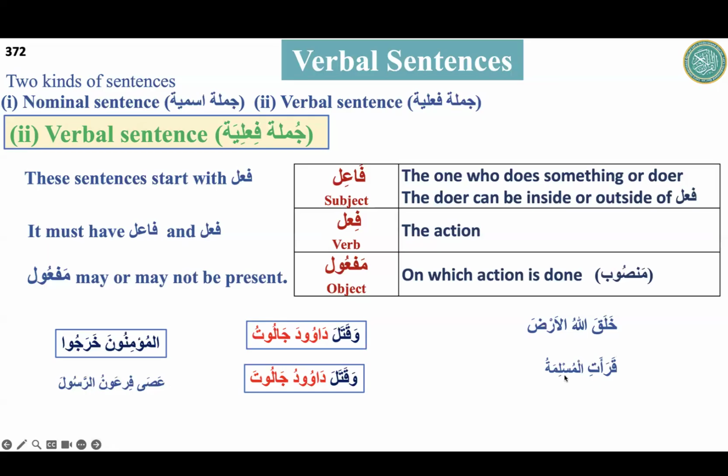She read. The fa'il in the complete sentence will be al-muslimatu. And the fi'l is qara'at. And is there any maf'ul? No, there is no maf'ul. So, maf'ul may or may not be there.